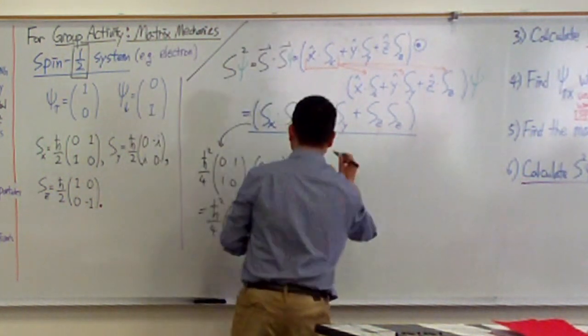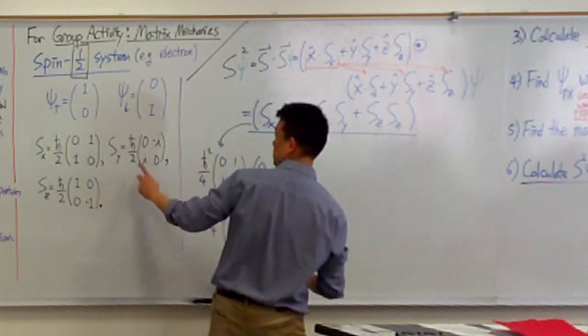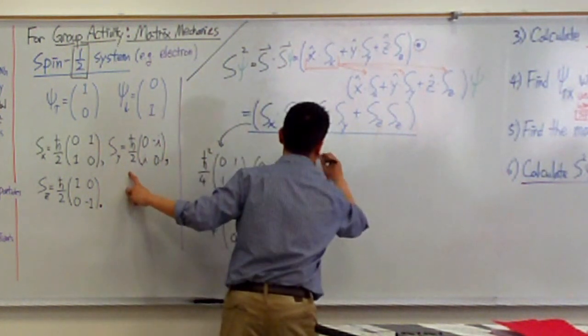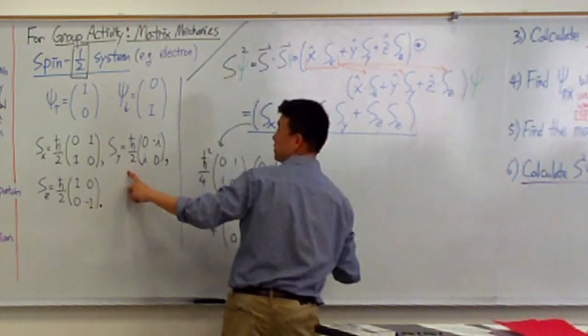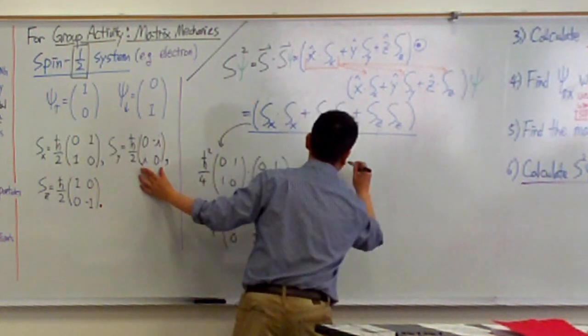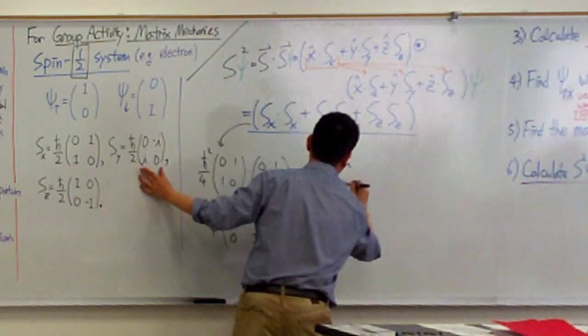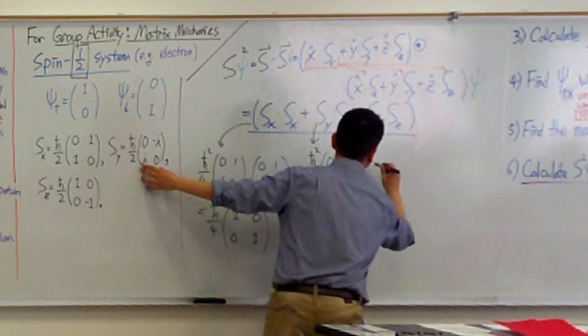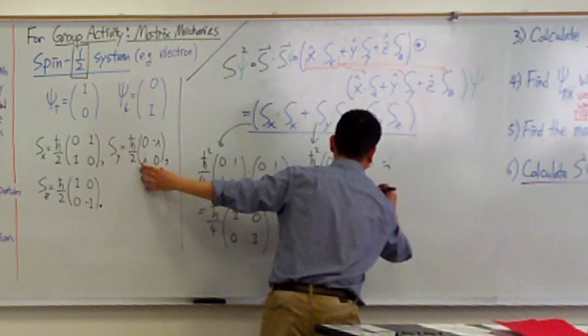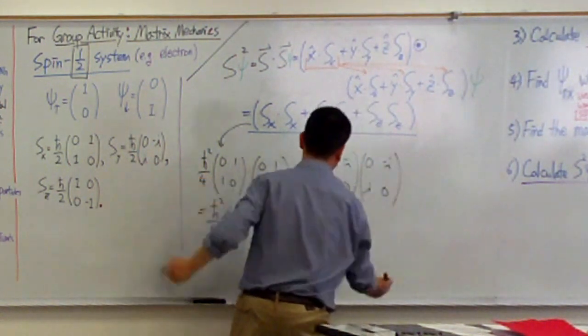All right, so when you do this, you get this factor twice again, h bar squared over 4 times, let me write this out, 0 minus i, i 0, times 0 minus i, i 0.